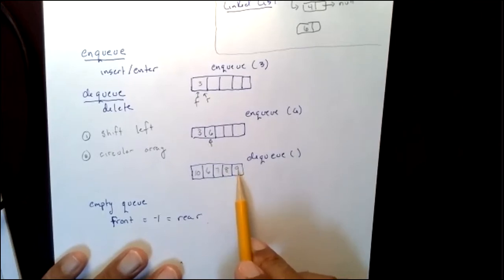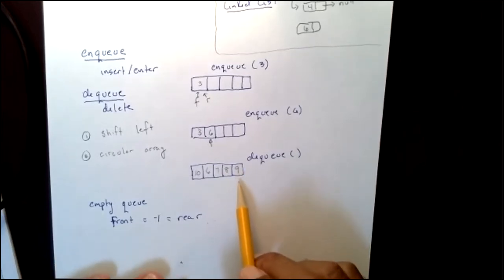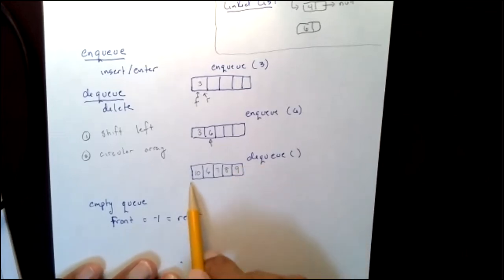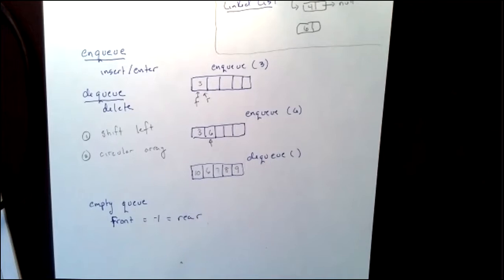So all of a sudden, I'm at the end. And what would I have to do if I'm at the end? Well, the next one would be some sort of wraparound. Maybe mod, maybe just saying size minus, a bunch of different ways to take a look at it.